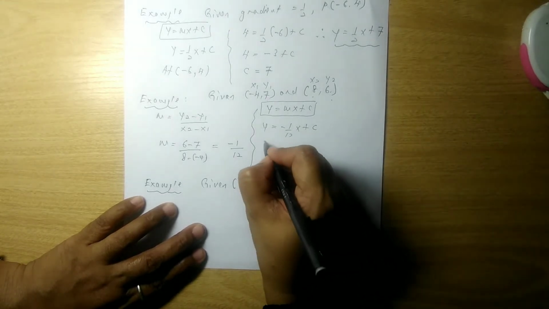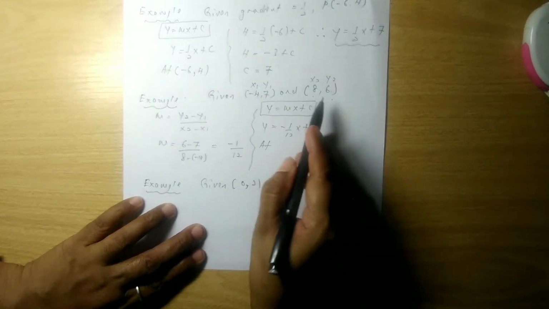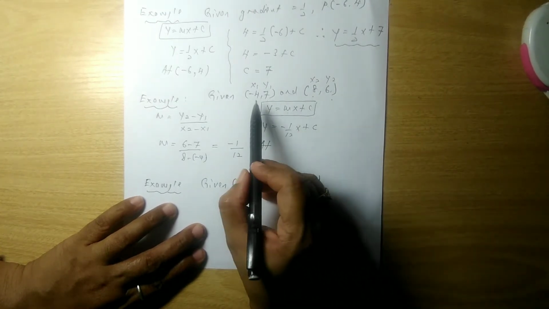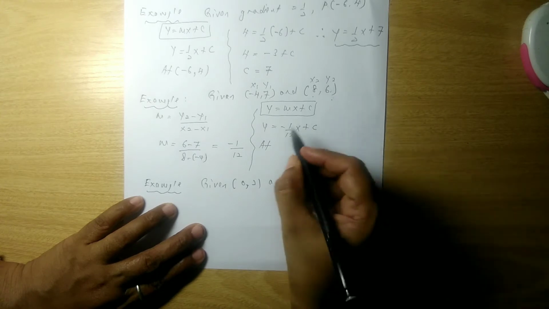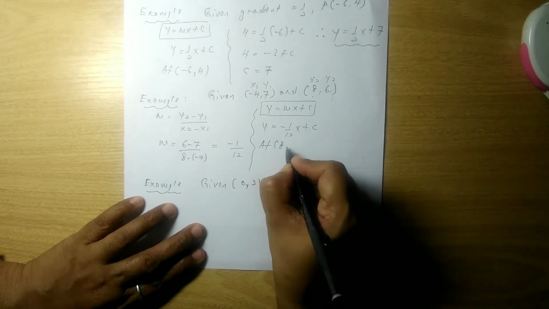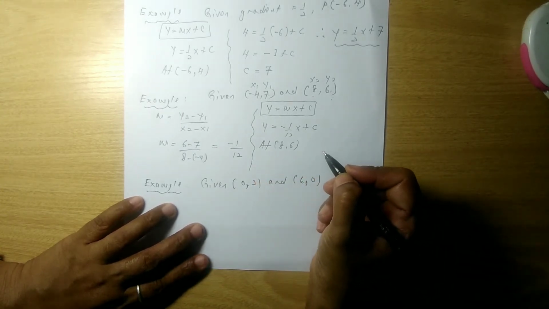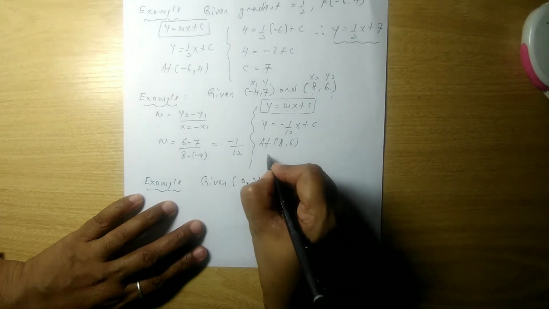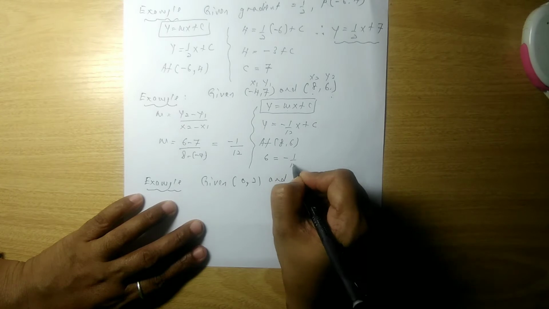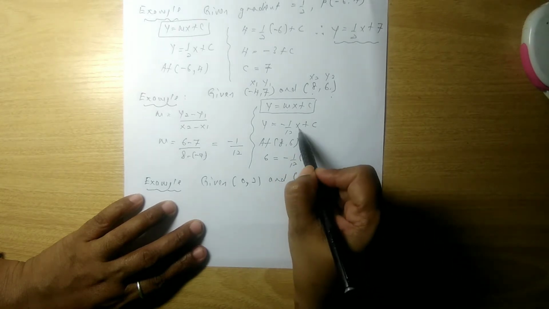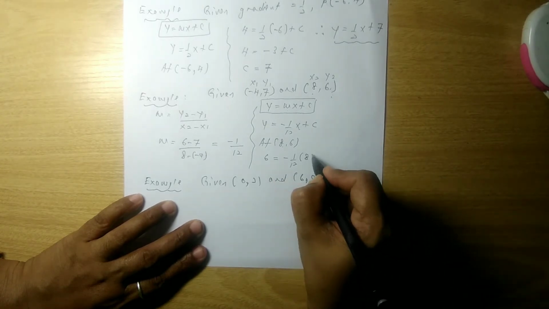Now, you can pick any one of the coordinates that you want because you're given two coordinates. Let's say I pick 8, 6. We are going to substitute. So y is 6, negative 1 over 12, my x here becomes 8, plus c.